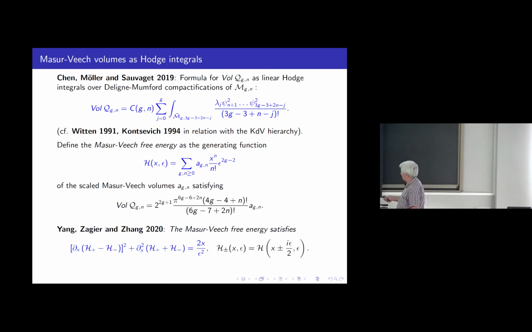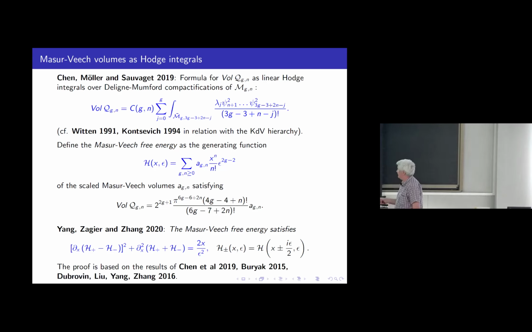And so they proved that the Masur-Veech free energy satisfies this, which reminded us of the delay Painleve equation, and indeed this is actually a form of the delay Painleve equation.